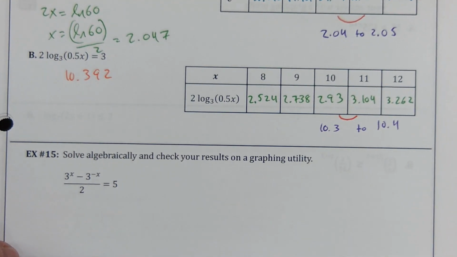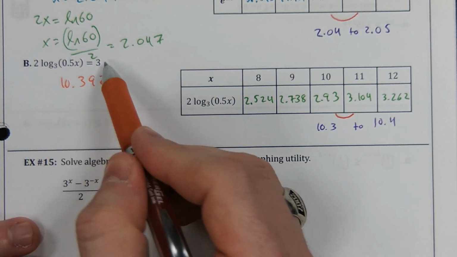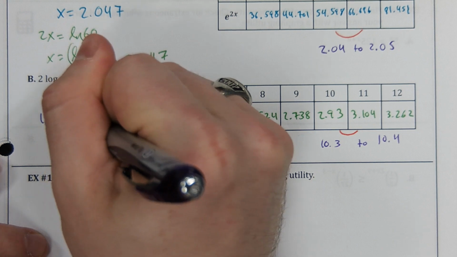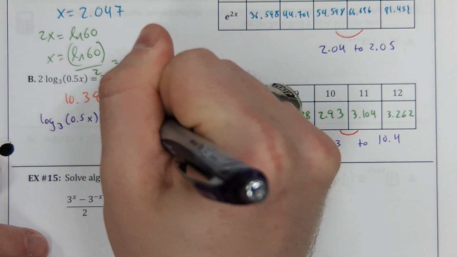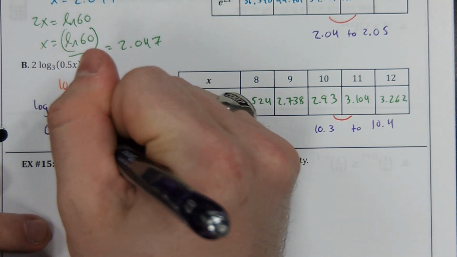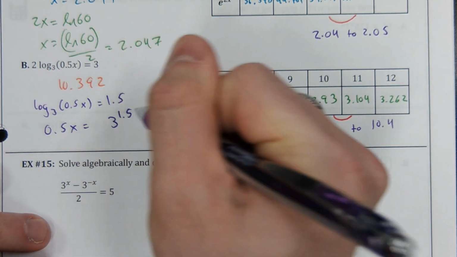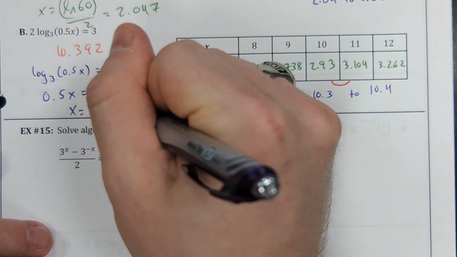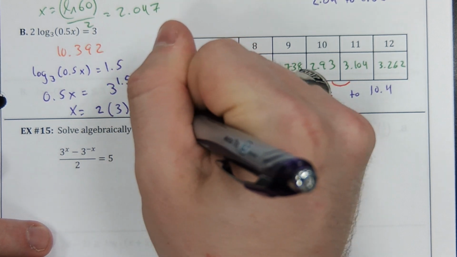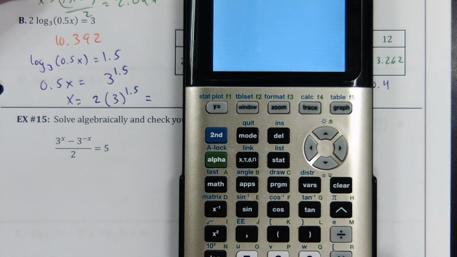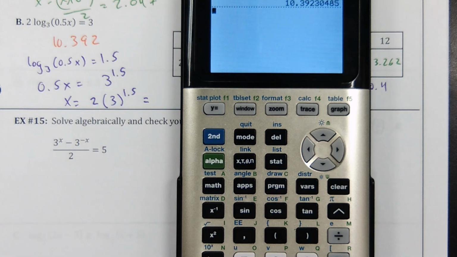But if we wanted to confirm, we would divide both sides by 2. Then we would exponential base 3 both sides. And then we would double both sides. 10.392.